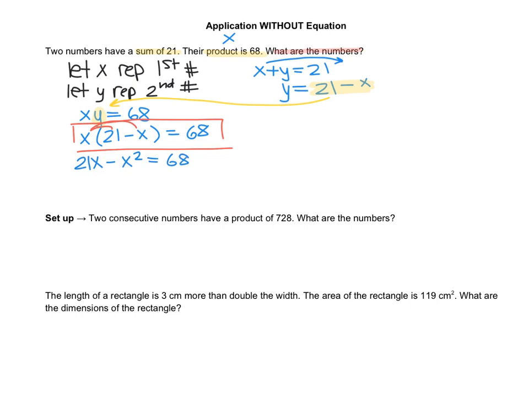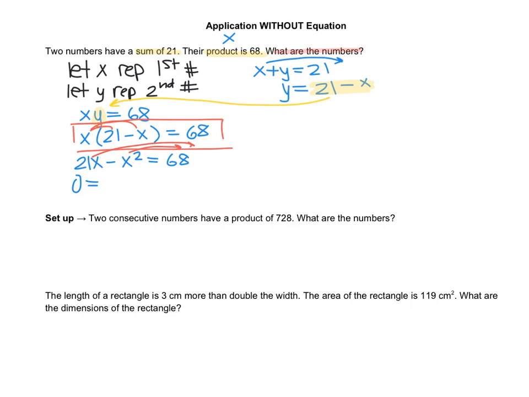Now I know the second criteria is that one side should be equal to 0, which it isn't, and I have the choice to either bring the 68 to the left or bring these two terms to the right. Now, typically I would just bring the 68 to the left, but I noticed that my x squared coefficient is -1. And if it were +1, it would be a simple trinomial and I could quickly factor. So I'm actually going to bring the x squared to the right, and same with the 21x. And that will still give me 0 on one side.